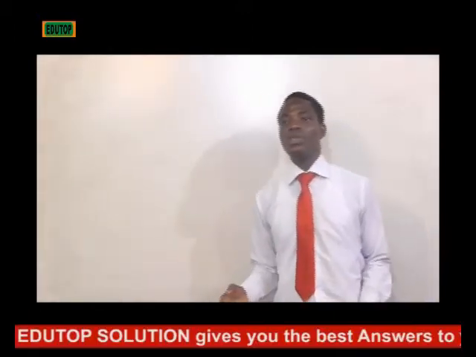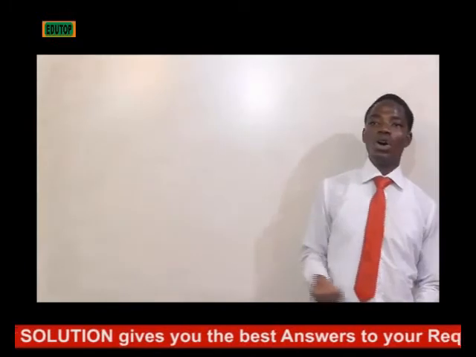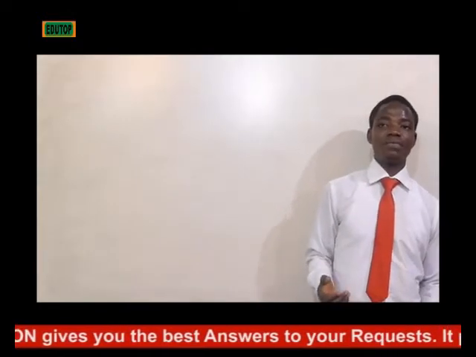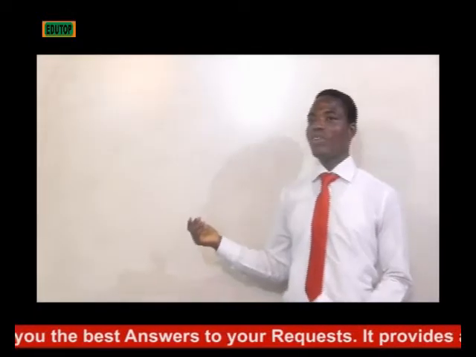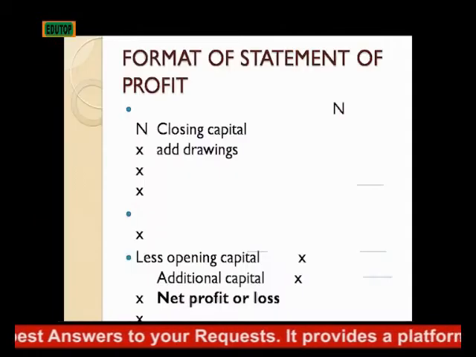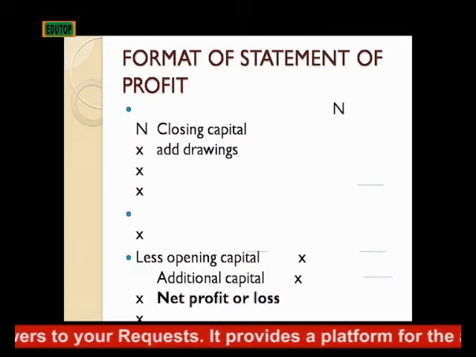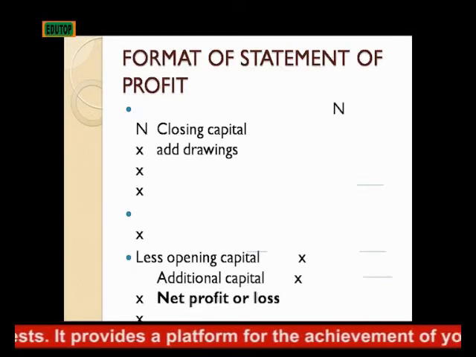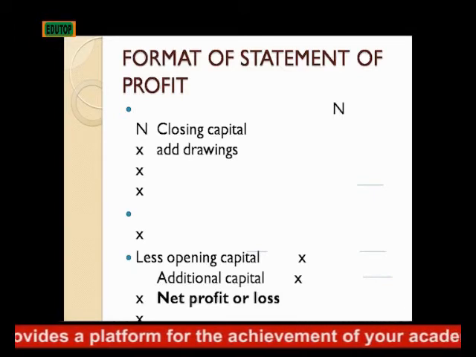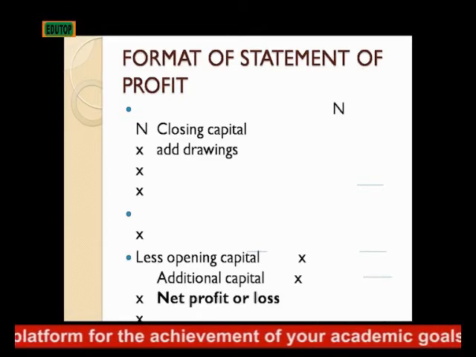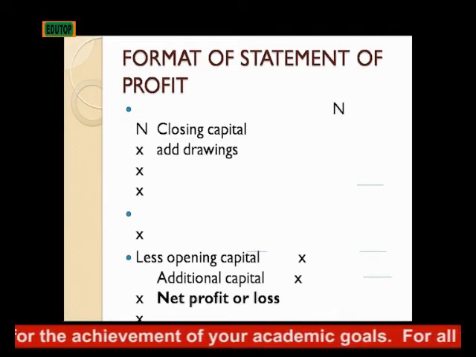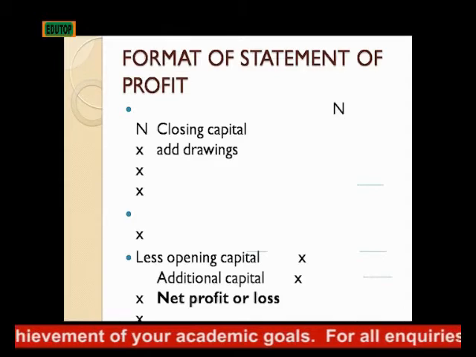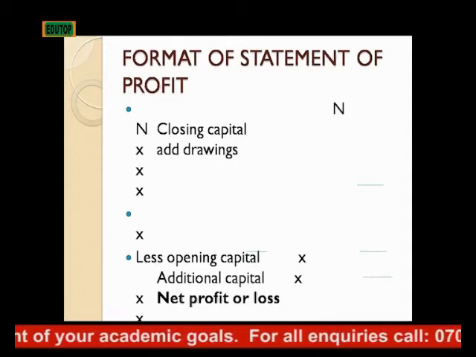So you can use that also to arrive at your statement of profit, which is the net profit at the end of the day. Before we go to the question per se, let's look at the format of a statement of profit that I told you the other time. Even if you are not given net profit, expenses, gross profit, or any information pursuant to that, you can get it from first your closing capital.